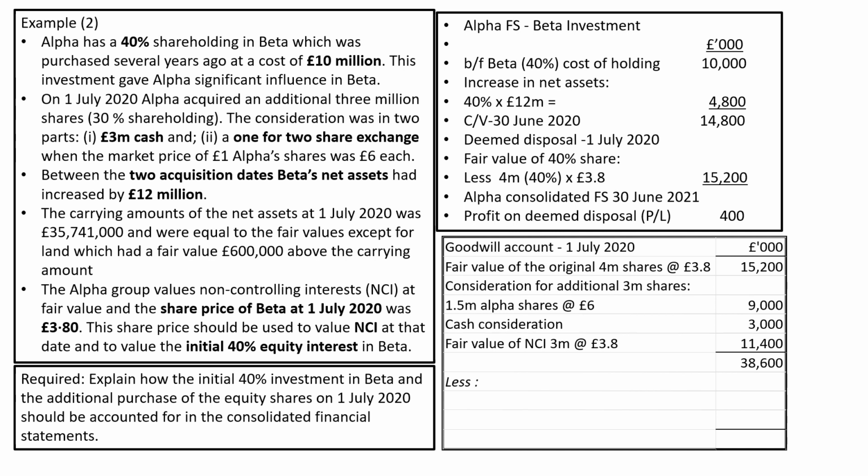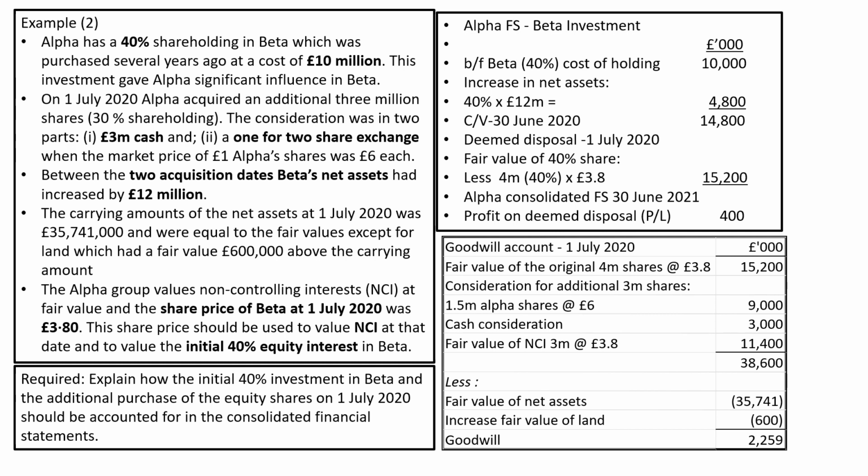To work out the goodwill, we take away the fair value of the net assets, and we start with the fair value of the net assets given, which is 35.741. We're also told there was an increase in the fair value of the land of 600,000, and so if we again take away the difference, we have a goodwill balance of 2.259 million.